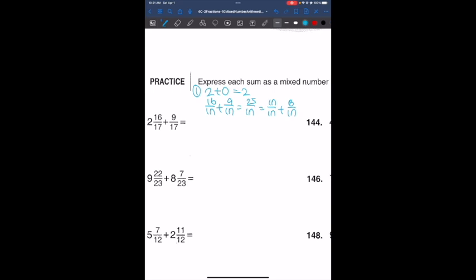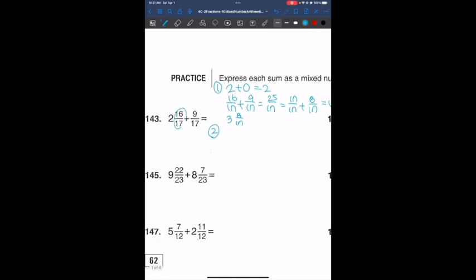And so that is going to be 1 plus 8 over 17. And so that would have been 3 and 8 over 17. Now instead of doing this, though, we have another way of doing it, and that is first filling in the 16 over 17.